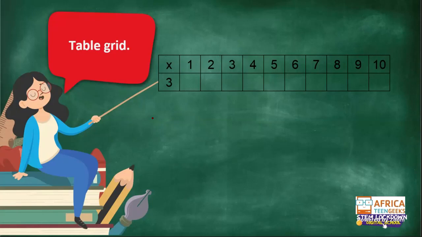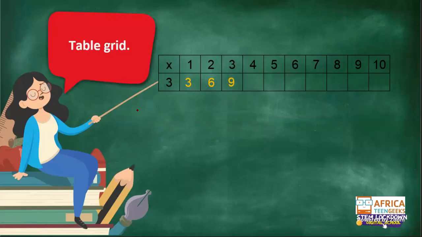That's correct. 3. Okay, next one. 2 times 3 equals 6. 3 times 3 equals 9.